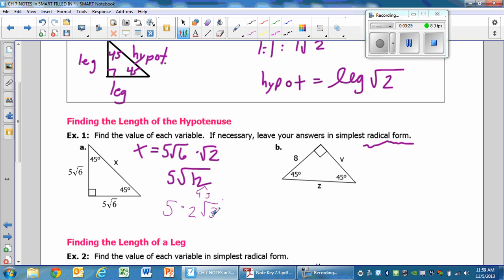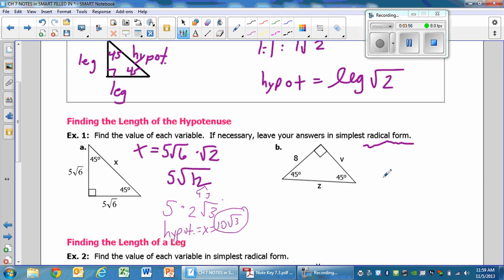And then I could do 5 times 2, which is 10, radical 3, and I think that I'm happy with that answer. So my hypotenuse, or my x, is equal to 10 radical 3.